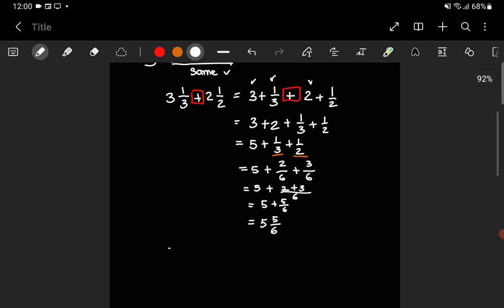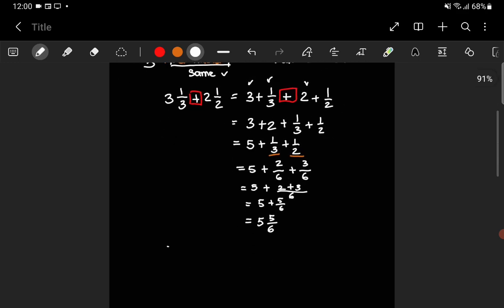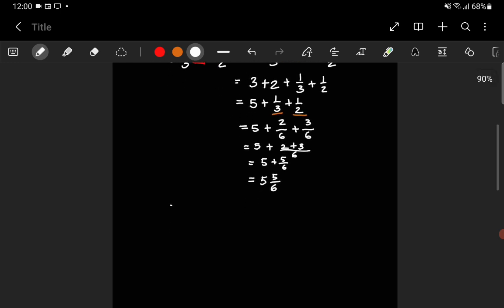Now, how about if it's a subtraction? I will move the board up a little bit. So for example, I have 5 7 over 8, and then minus it with 3 1 over 4.